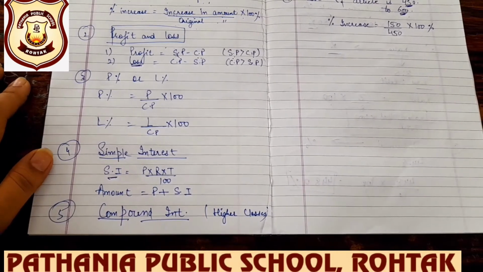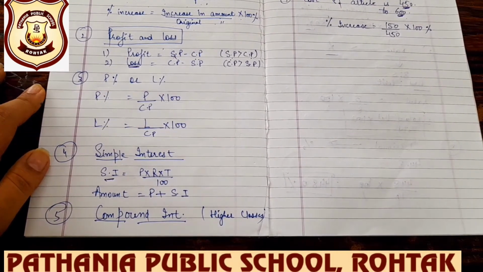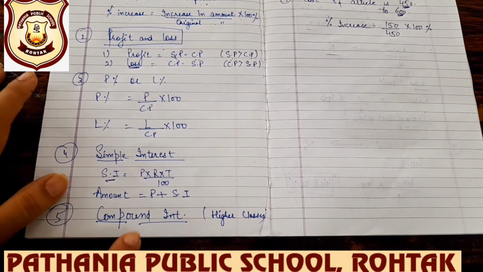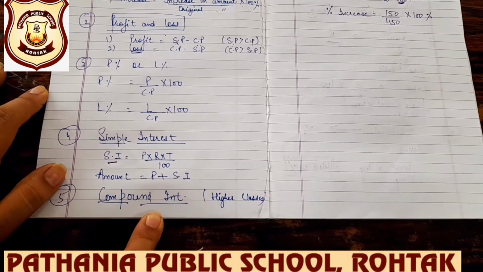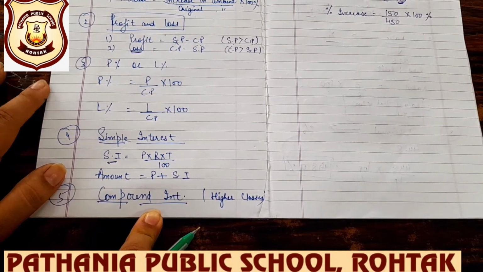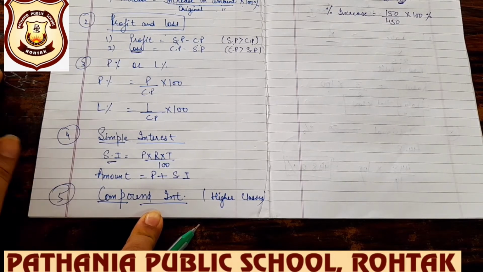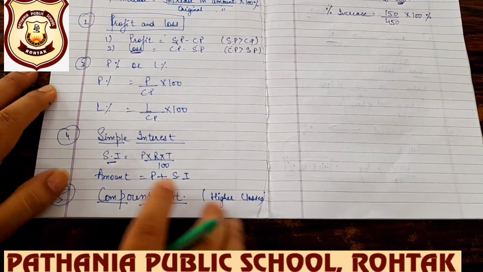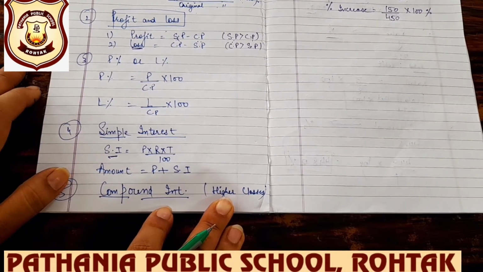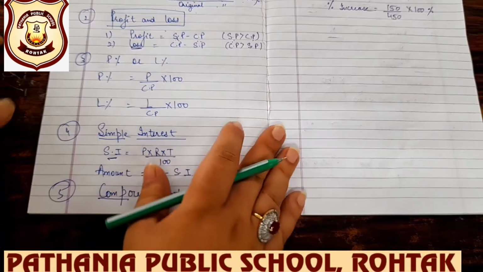Beta, in simple interest what happens? Every year you will get the same interest and the principal remains same. But in compound interest, every year the principal amount changes and you are getting extra interest every year. I am giving you one example.